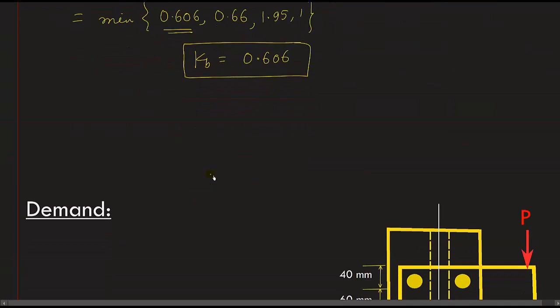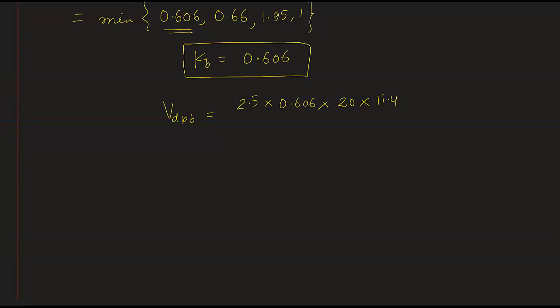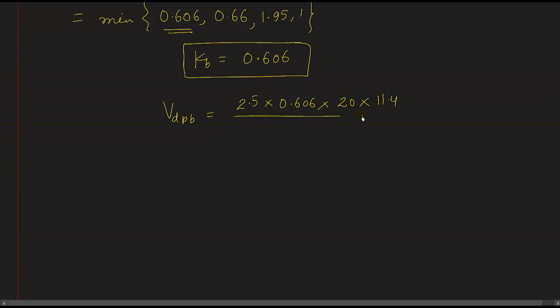So now I can put this Kb value in and calculate Vdpb. This value is 2.5, this Kb value is 0.606, and this is 20 times 11.4, divided by the partial factor of safety, that is 1.25.